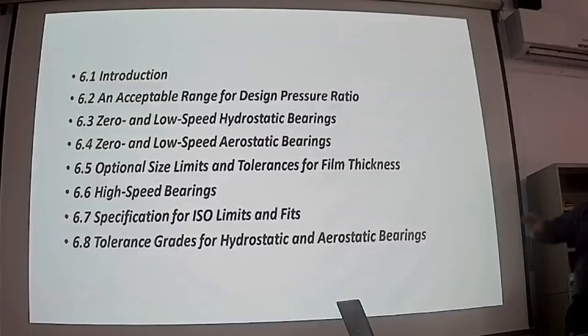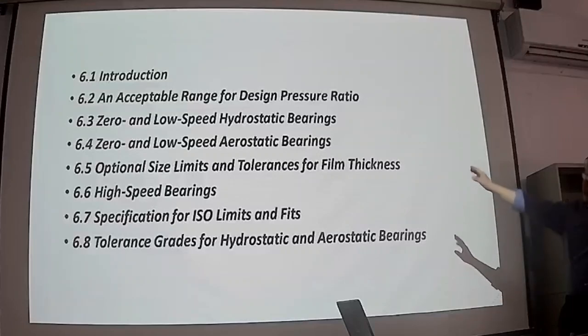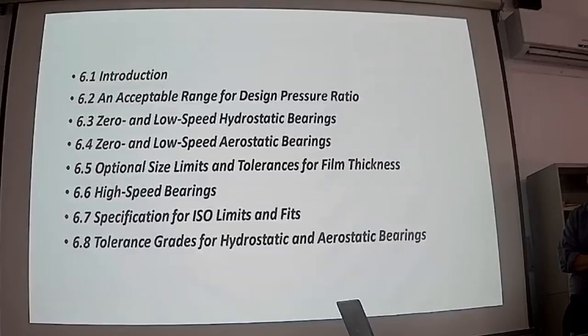In that case, you need to make some adjustments. Usually you can take 0.5 for PR divided by PS for the design pressure ratio. But if the gap is too big for your manufacturer, the final film thickness for your bearing, you can increase it a little bit.